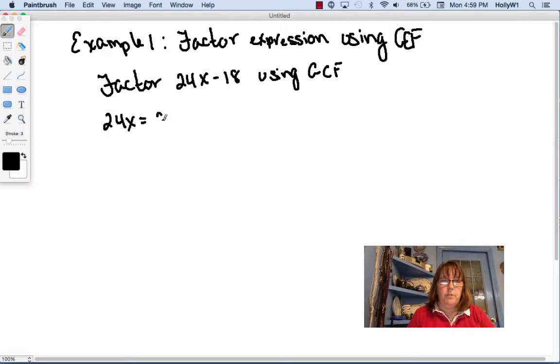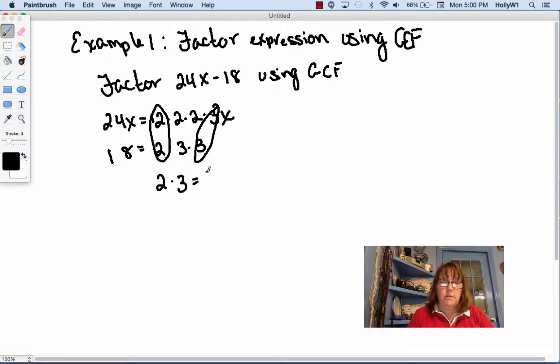24, as we just did, is 2 times 2 times 2 times 3 times x. And 18 is 2 times 3 times 3. Now we can look for the common factors of both. We have a 2 and a 3 in common, so 2 times 3 is equal to 6.